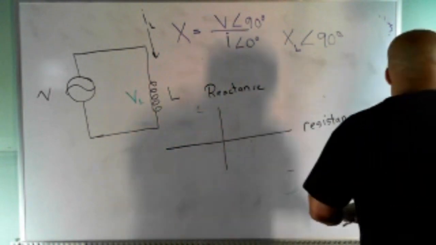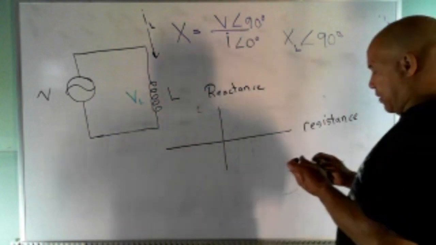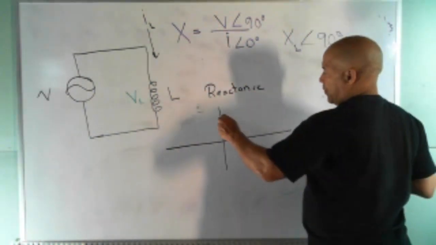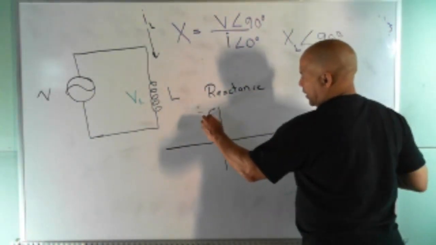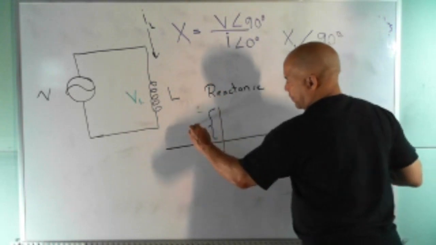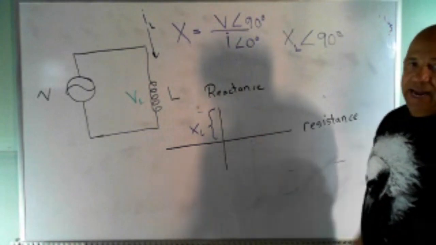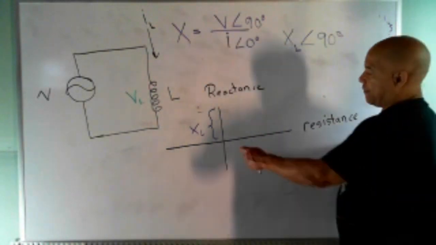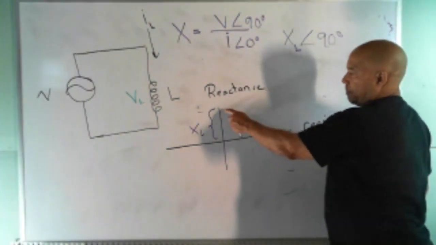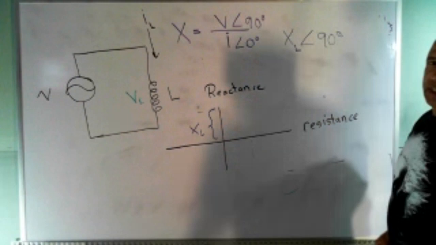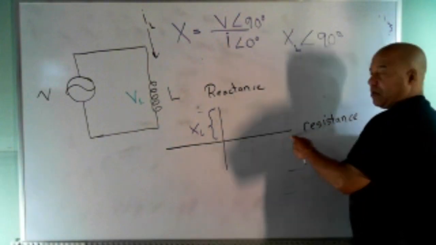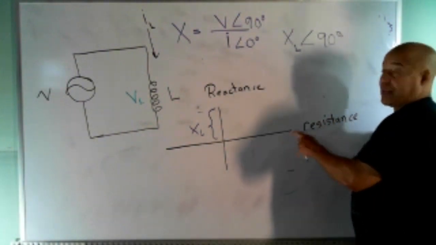So if that's the case, then XL basically is this part of the imaginary axis. So anything from here up is inductive reactance, and anything from here over on that axis is resistance.